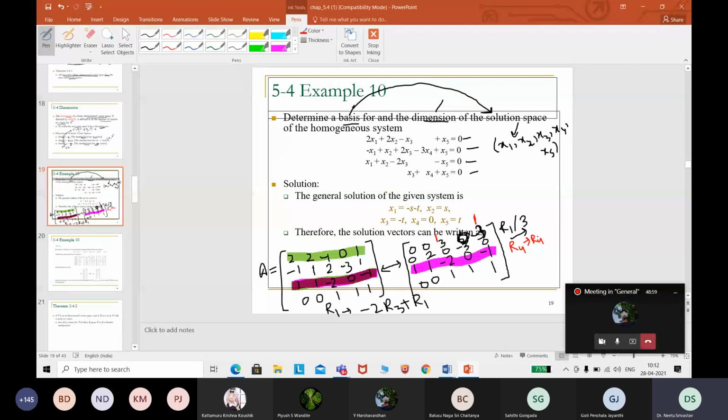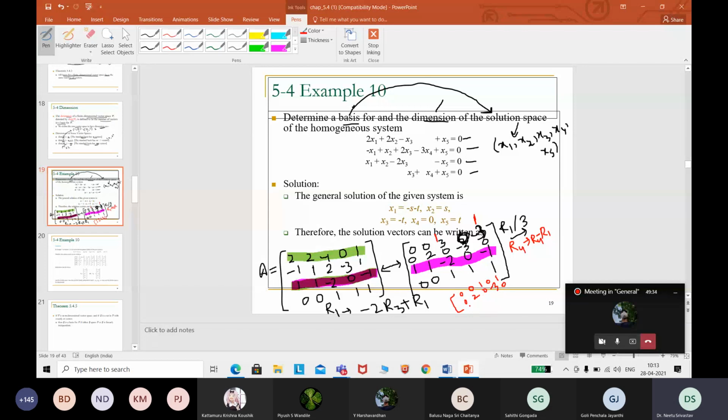Now we'll see what made them take the two parameters. After implementing R4 minus R1, the first row will be 0, 0, 1, 0, 1. Second row will be 0, 2, 0, minus 3, minus 3, 0.